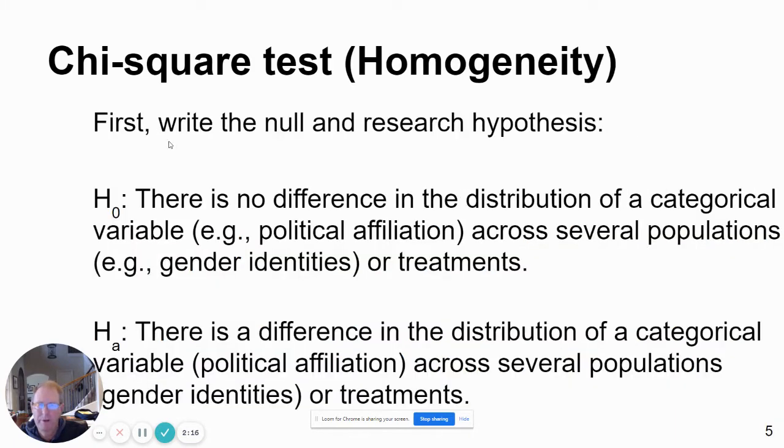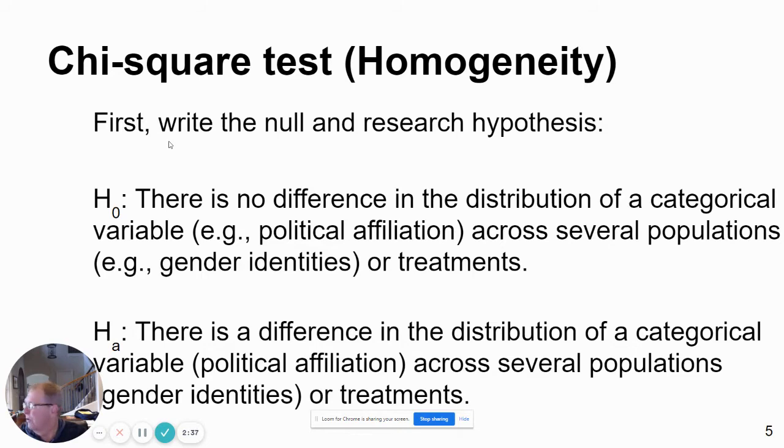How do you write the null and alternative hypothesis? So here's how we do so with the test of homogeneity. I've written it generically, but I'll tell you how I would do it for this particular problem. There is no difference in the distribution of political affiliation across gender identities. That's the null.